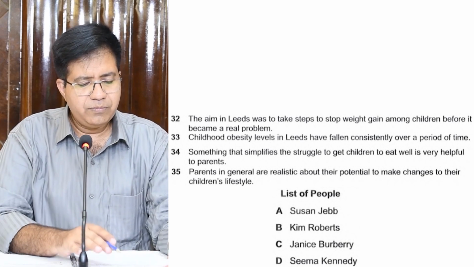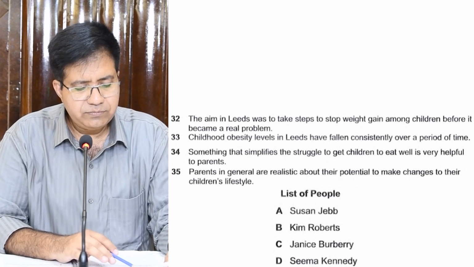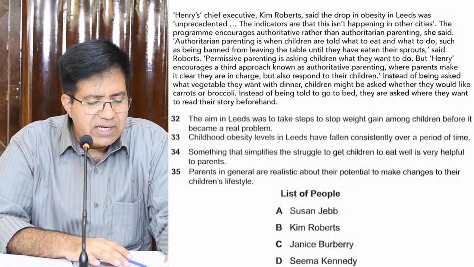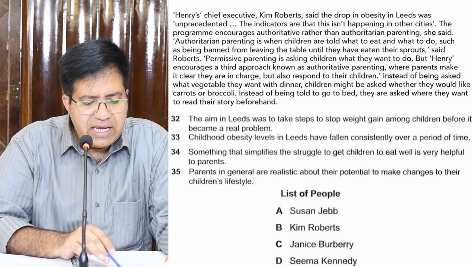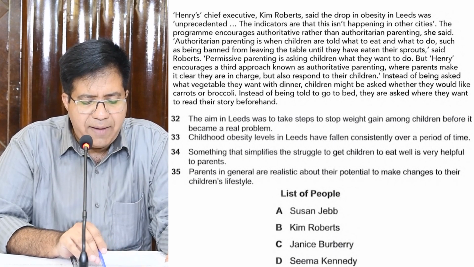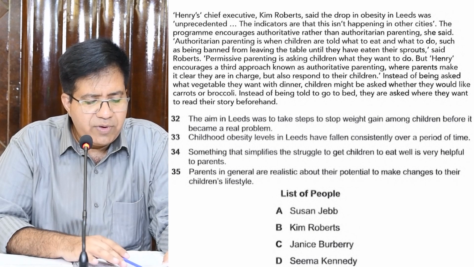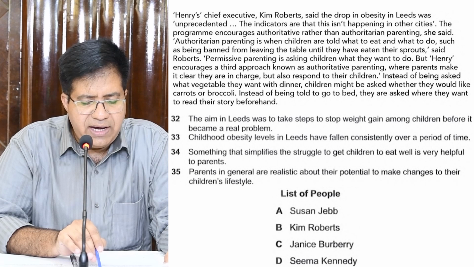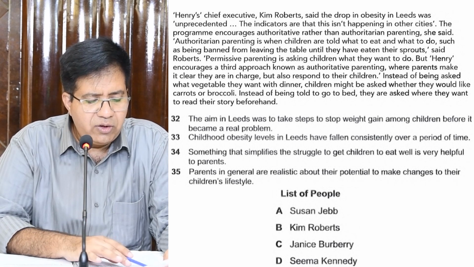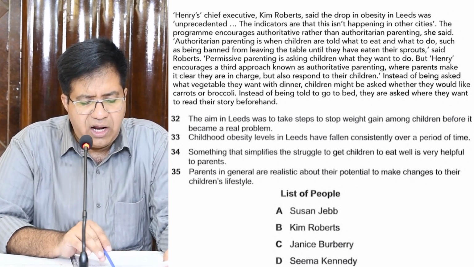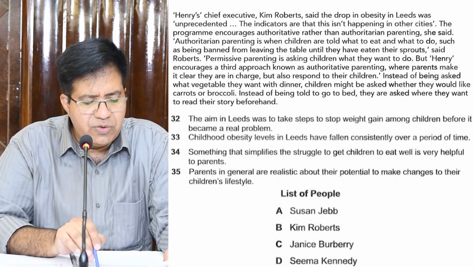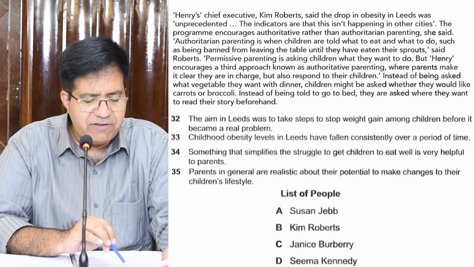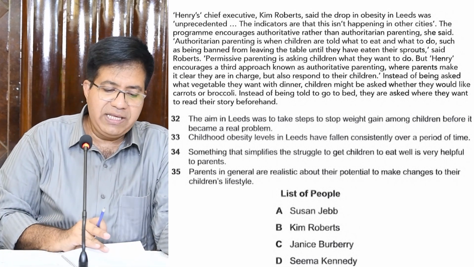Second page, first line. Kim Roberts said the drop in obesity in Leeds was unprecedented. The indicators are that this isn't happening in other cities. The program encourages authoritative rather than authoritarian parenting. She said authoritarian parenting is when children are told what to eat and what to do, such as being banned from leaving the table, and then permissive parenting and all that. Now please come back.